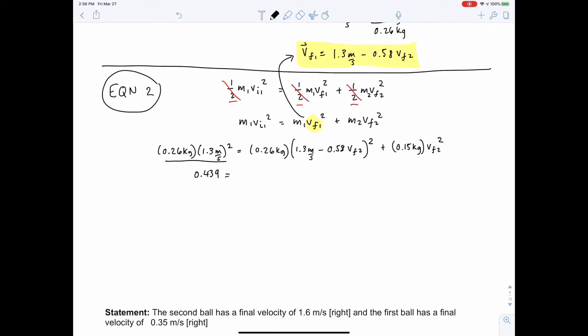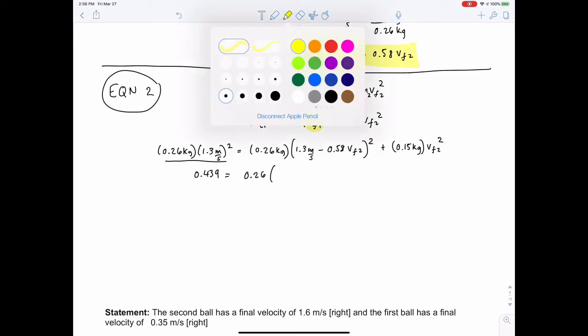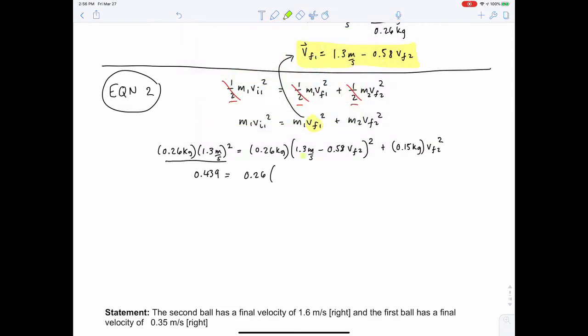And then we're going to use the distributive property to multiply the 0.26 kilograms times everything inside the brackets. And I'm going to leave out the units just for simplicity. So we have 1.3 minus 0.58 VF2, and we're going to square this.